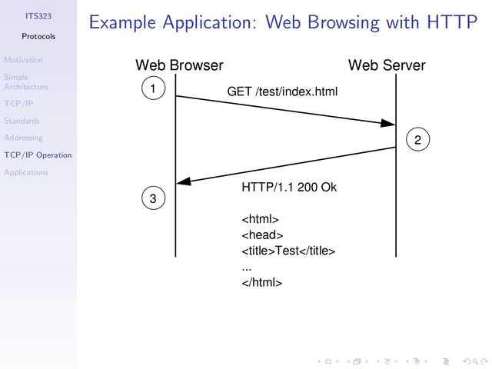The response includes some status information, meaning, I've received your request, everything is okay, here is the file. So the web server sends back in a message some status information and the contents of the file that's requested. And then when that's received, the web browser takes that HTML file and uses it to display the web page on the screen. That's a simple view of web browsing.